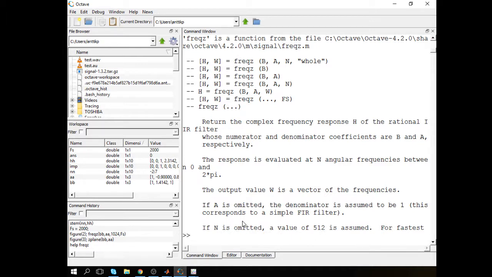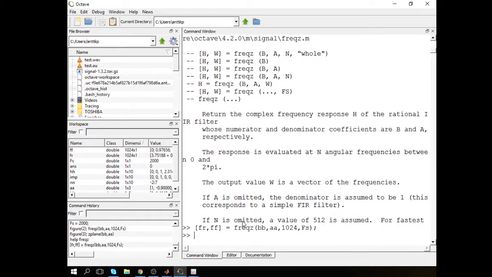That's good. So FR equals freqz BB AA 1024 FS, and not just the frequency response, but also the frequencies. There. Good. Now I can plot it.